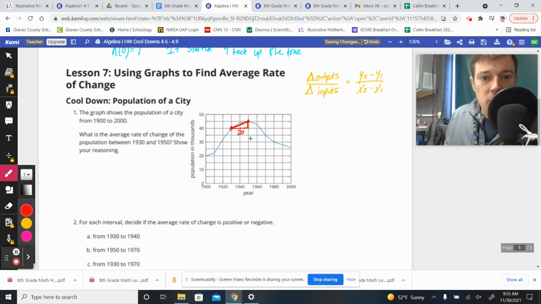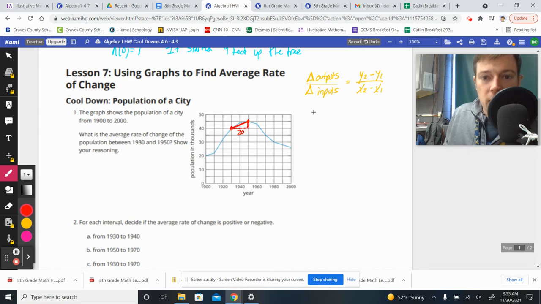Over that 20 years, it looks like it goes from 40,000 in population up to 45,000. So our change in output, which is our vertical change, y2 minus y1, goes from 40 to 45.